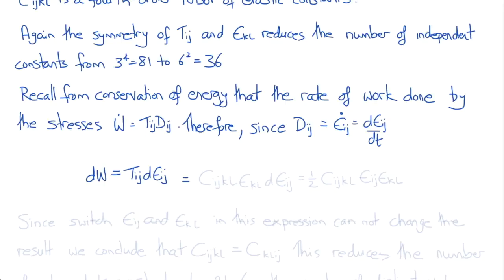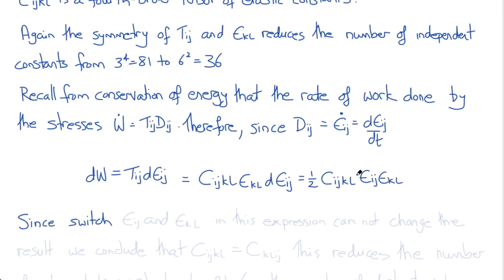d epsilon ij. And now we can integrate this, substitute Cijkl times epsilon kl for Tij, integrate with respect to epsilon ij, and we'll get 1/2 Cijkl epsilon ij epsilon kl.